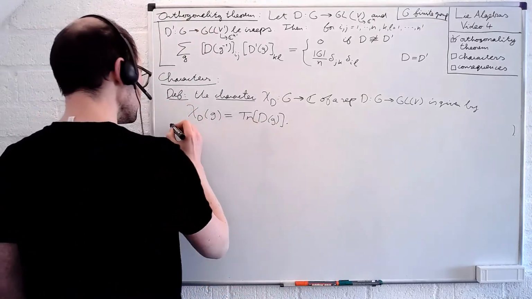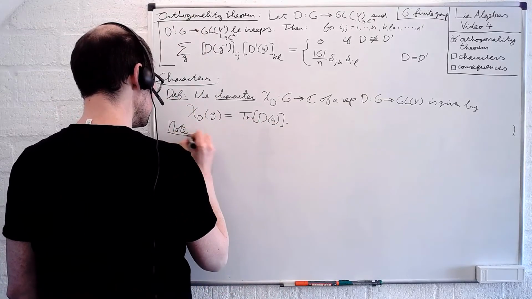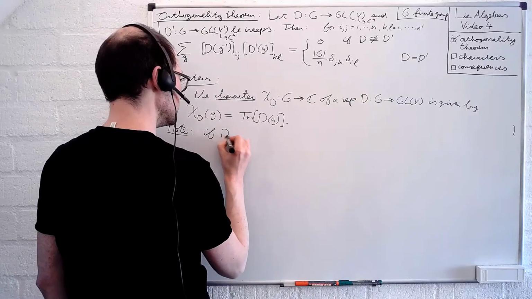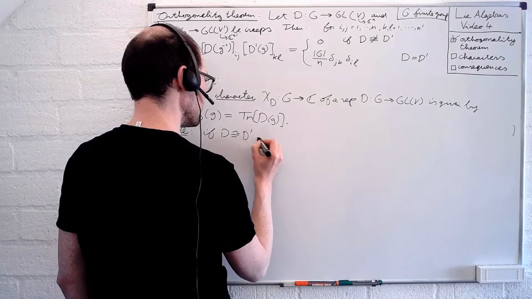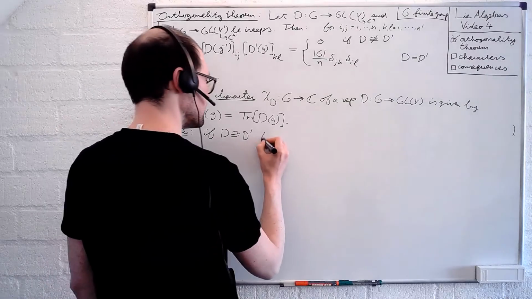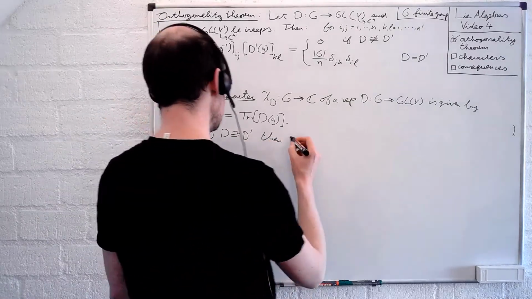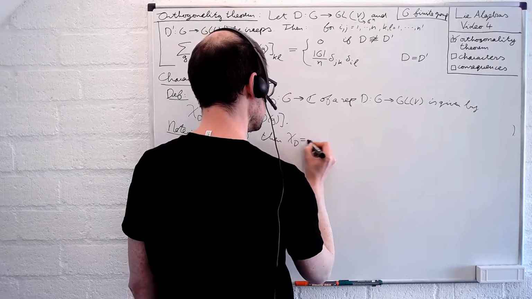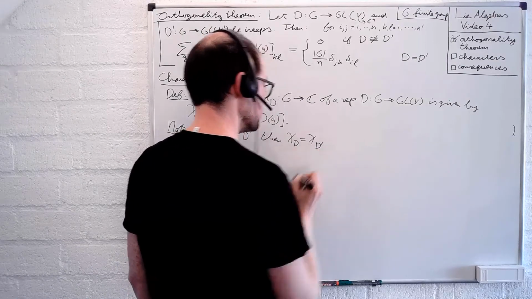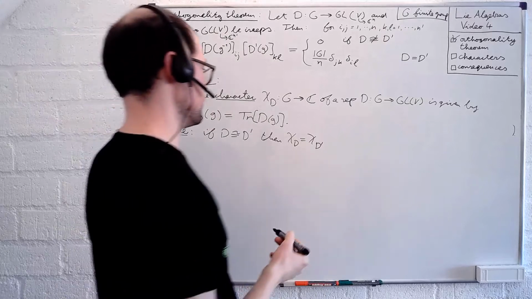Okay, so this is pleasant because if D and D prime are equivalent, then their characters are going to be the same. Then chi of D as a function is really the same as chi of D prime.